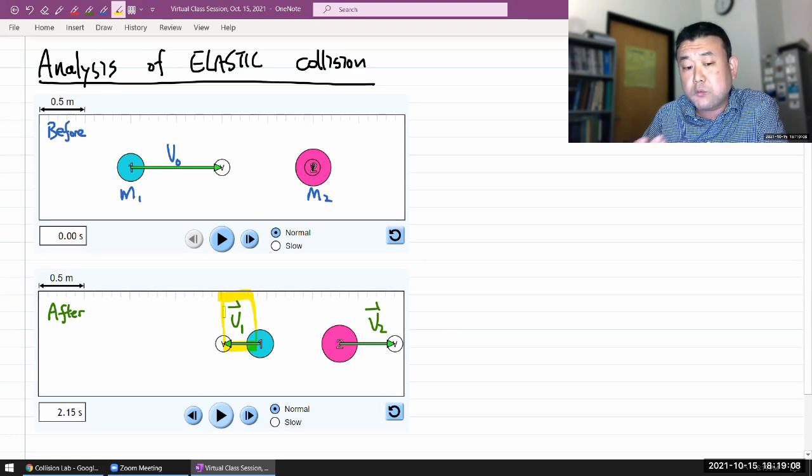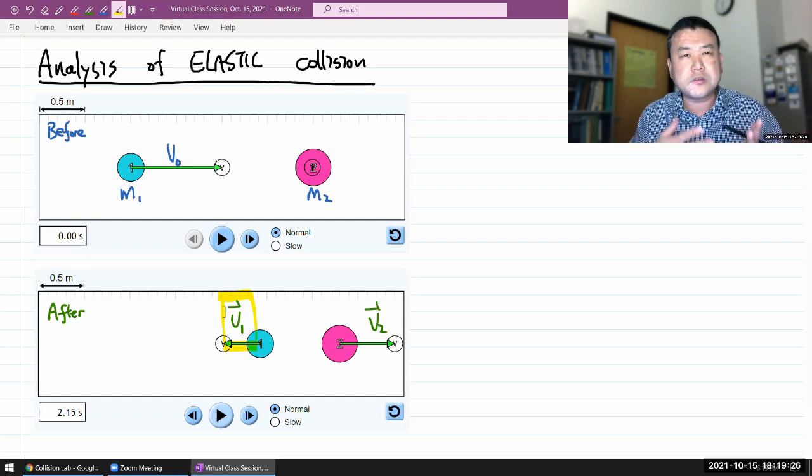As you have seen, V1 could be positive, pointing to the right, or it could be negative, pointing to the left. And I will write my equations in such a way that if V1 comes out to be positive, then it's pointing to the right.